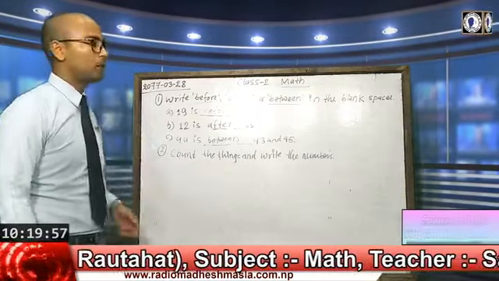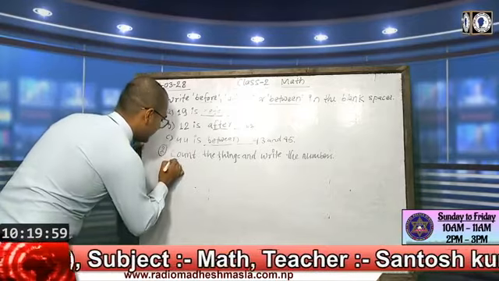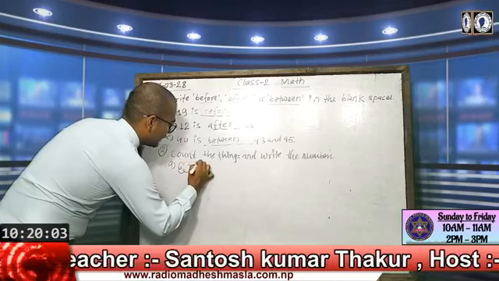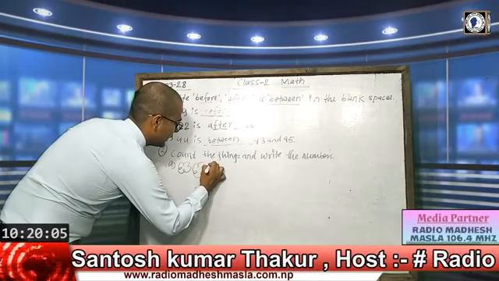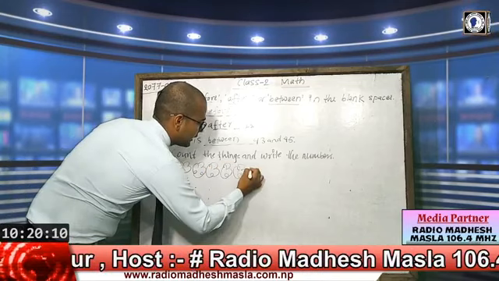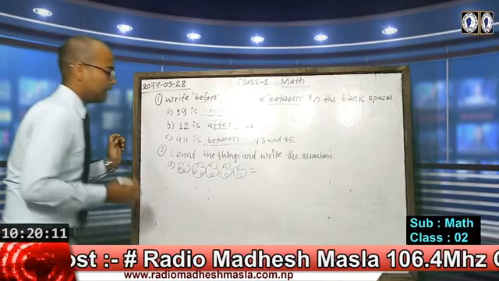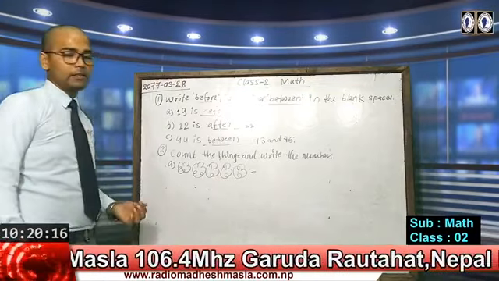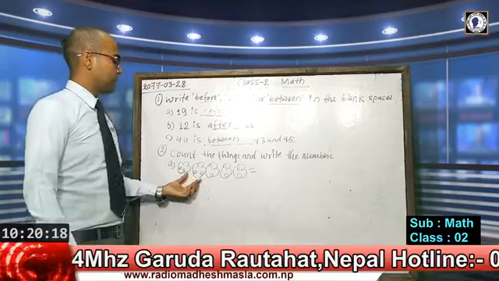Suppose in the first question we are given flowers. 1, 2, 3, 4, 5, in this way. Suppose there is a row of 5 flowers, and you have to draw it in your copy.